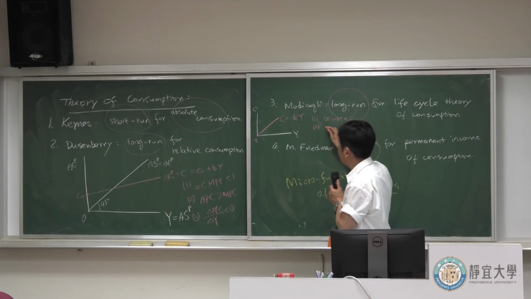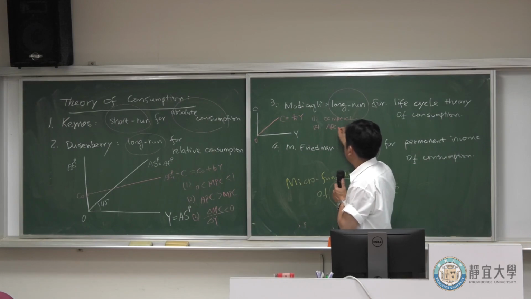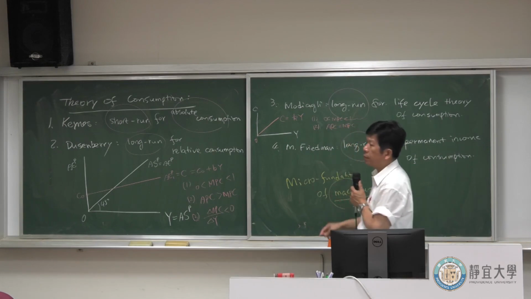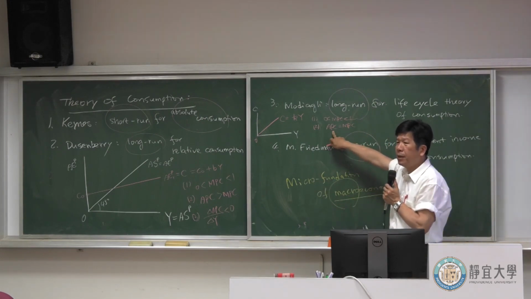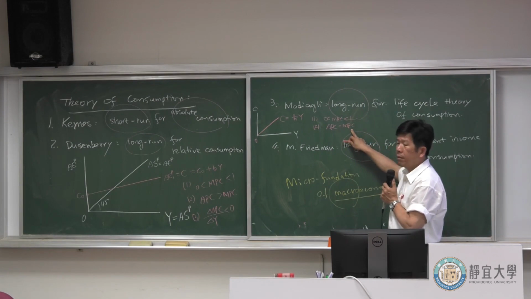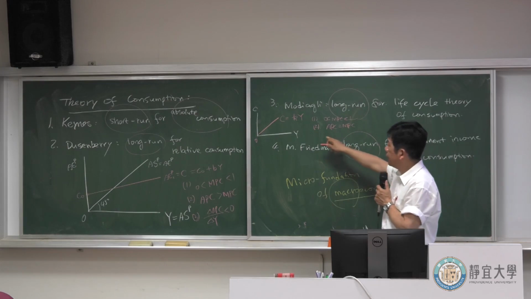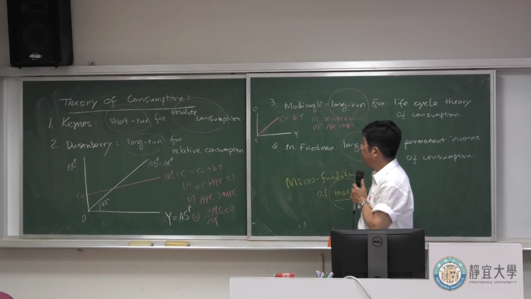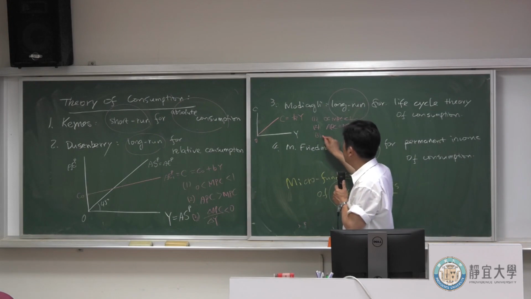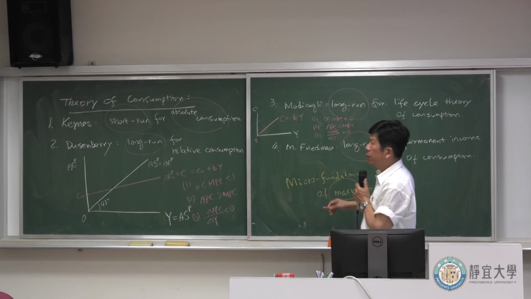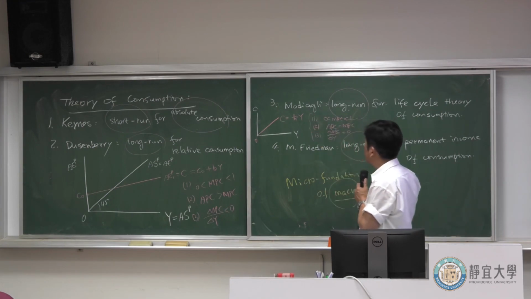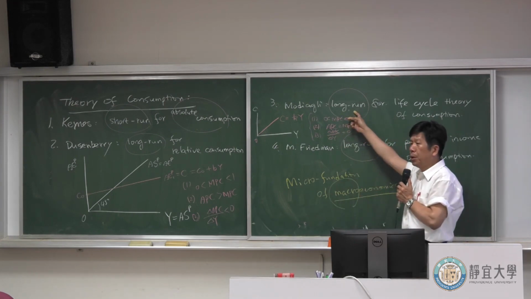Second, APC equals MPC. And delta APC over delta Y basically equals 0. These three things are special for the long run.